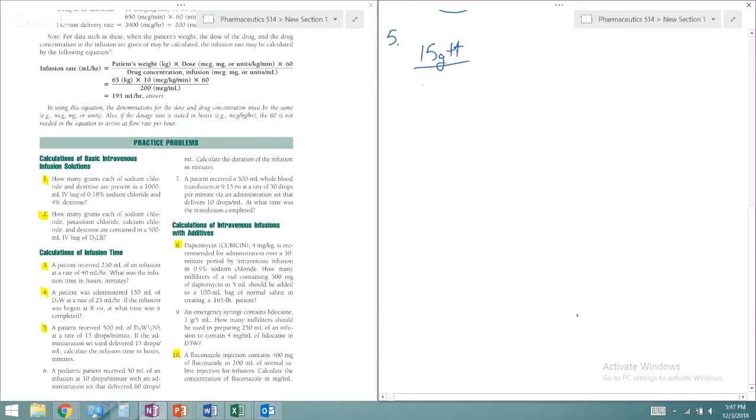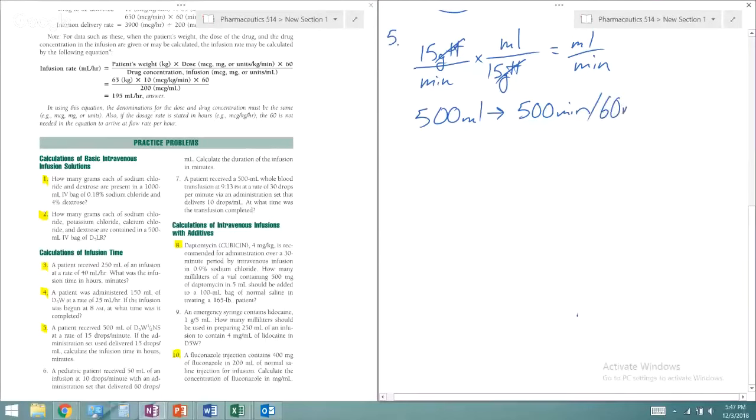Remember that GTT is drops. That's the shorthand. Then you have 15 drops per milliliter. So these two cancel out, and you find that is milliliters a minute. So you have 500 milliliters, which you can convert to 500 minutes. And then you divide that by 60 minutes per hour to find your hours.